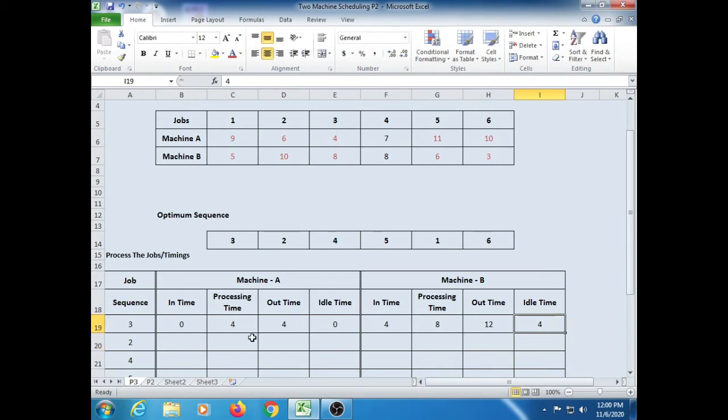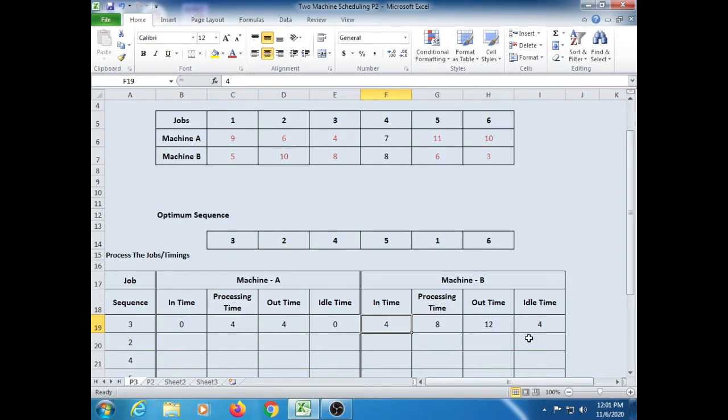Actually, we started processing the jobs at time 0. On machine B we got a job at the 4th hour. That means what did machine B do for 4 hours? Nothing.